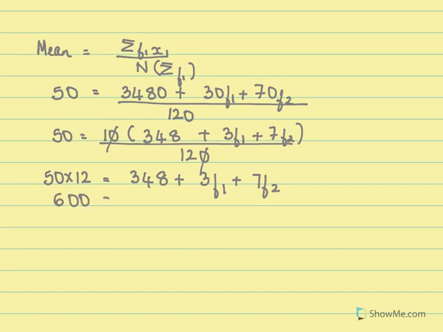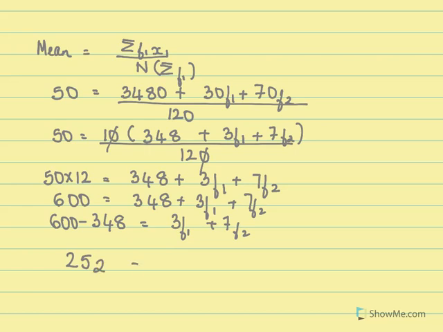So 600 equal to 348 plus 3F1 plus 7F2. 600 minus 348 equal to 3F1 plus 7F2, so 252 equal to 3F1 plus 7F2. However, earlier we know that F1 plus F2 was equal to 52. So that means F1 equal to 52 minus F2.